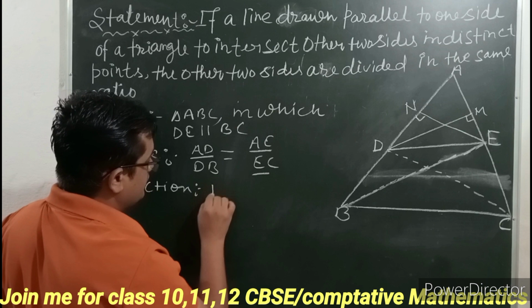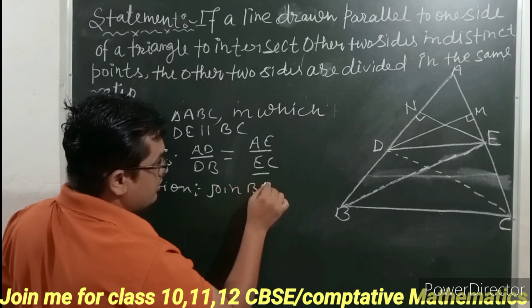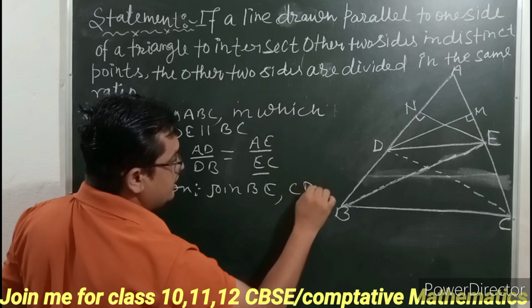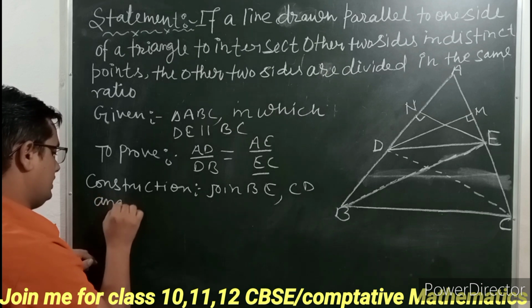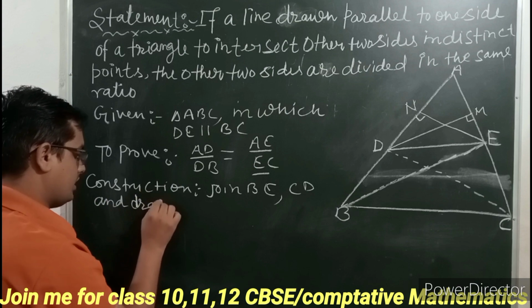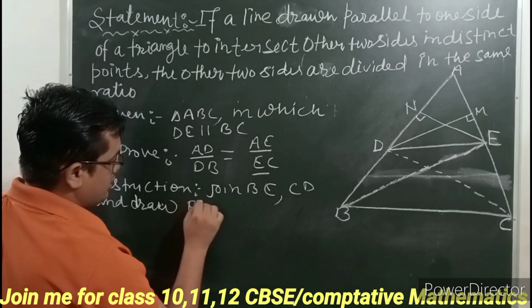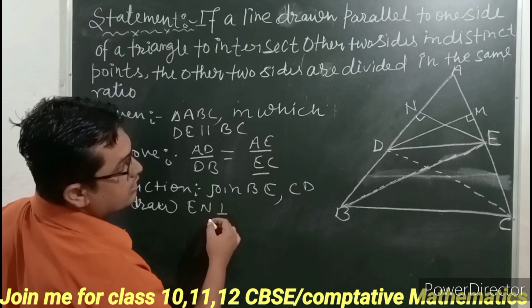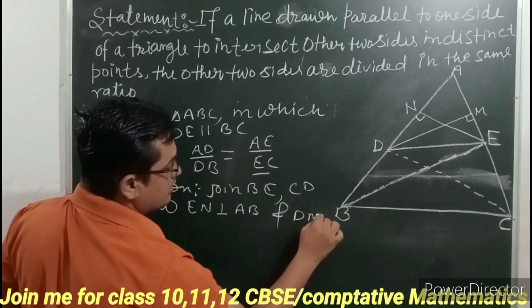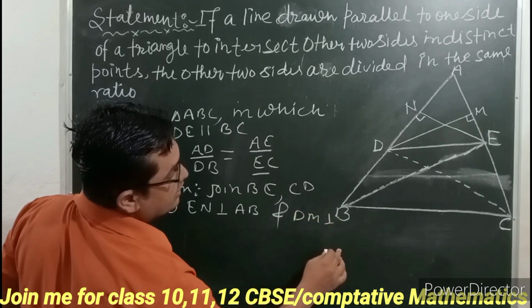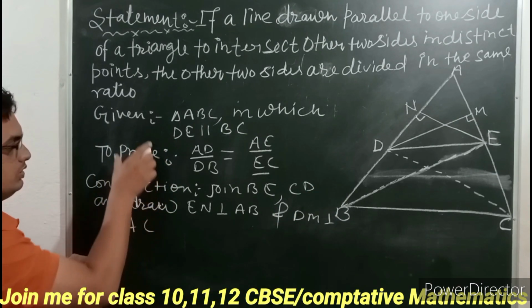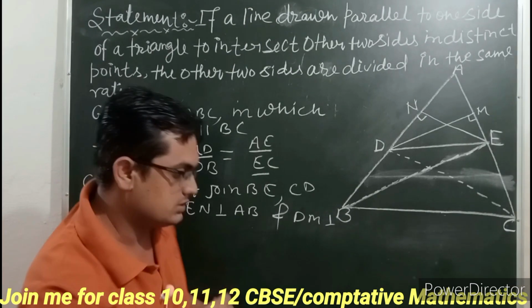Join BE, CD and draw EN perpendicular to AB and DM perpendicular to AC. Firstly, we will do all these steps.